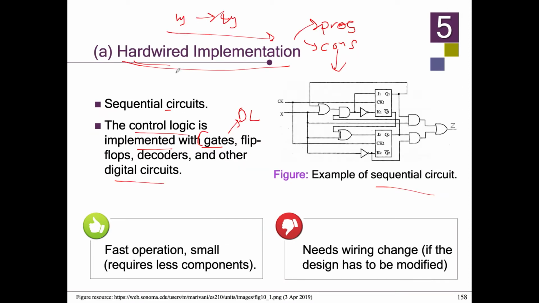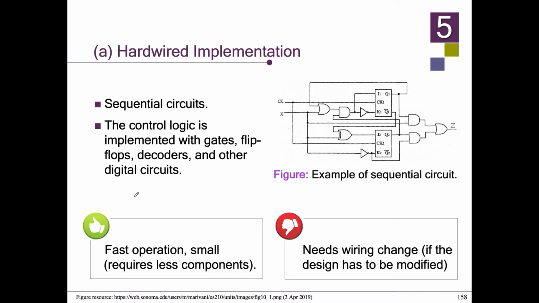Now we look into hardwired. Hardwired has fast operations, is small, and requires fewer components. These are the hardwired advantages. But using hardwired needs wiring changes if the design has to be modified.